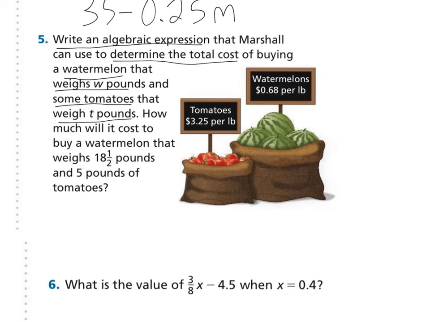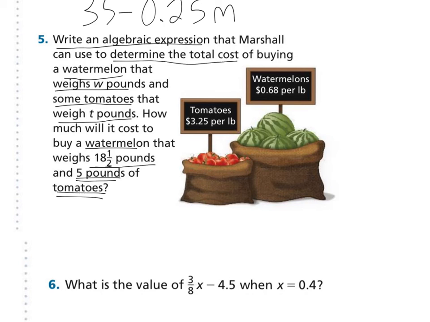How much will it cost to buy a watermelon that weighs 18.5 pounds and 5 pounds of tomatoes? So again, the first thing is for us to come up with an expression. We're going to write an expression using our variables, and then from there we're going to substitute and figure out what the actual cost would be in this situation.